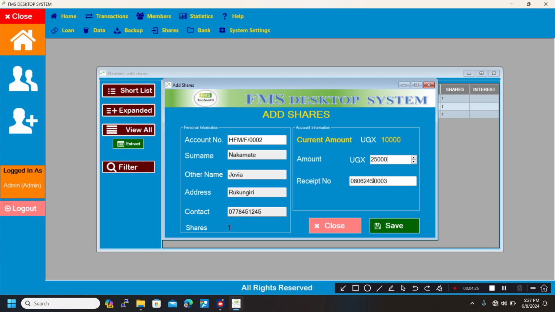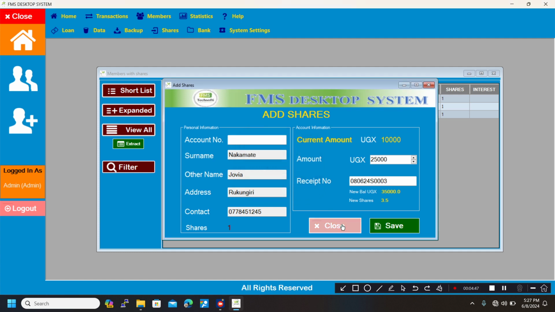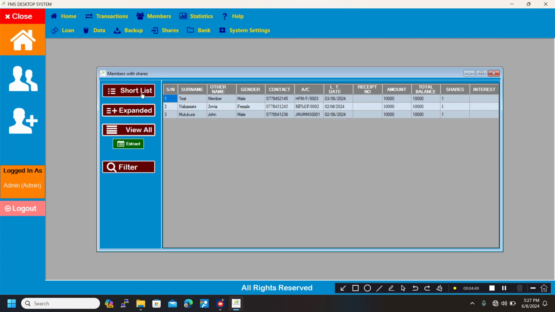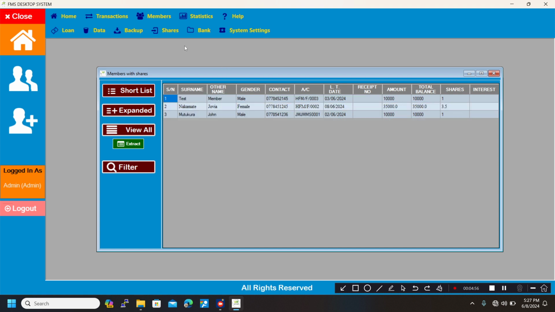It is the same format, but here we are now using S, which means share. So the balance of the share shall be that, and the new shares shall be that, and the current share she has is 1. So when I save that, directly I'm going to have her shares increase. So when I refresh, you can see that Nakamate Jovia has 3.5 shares.